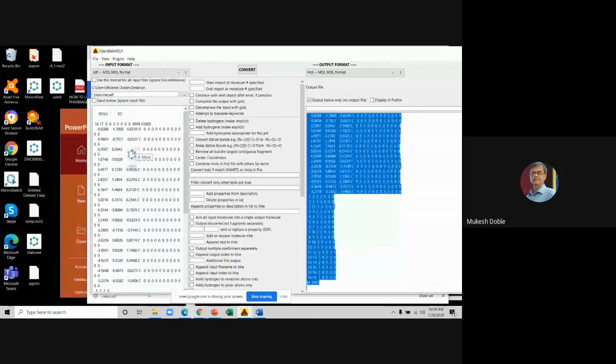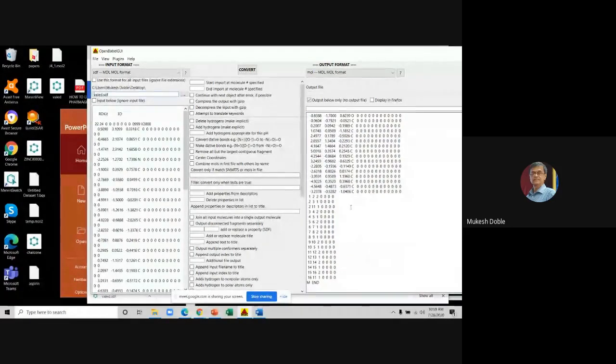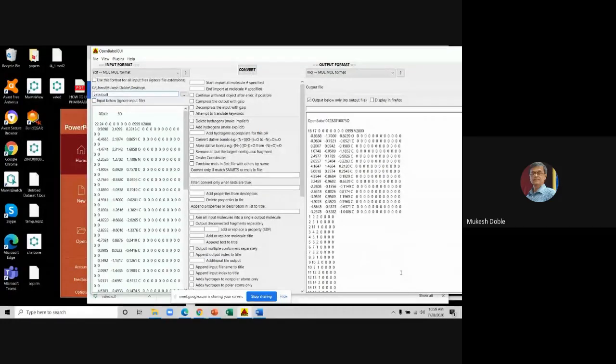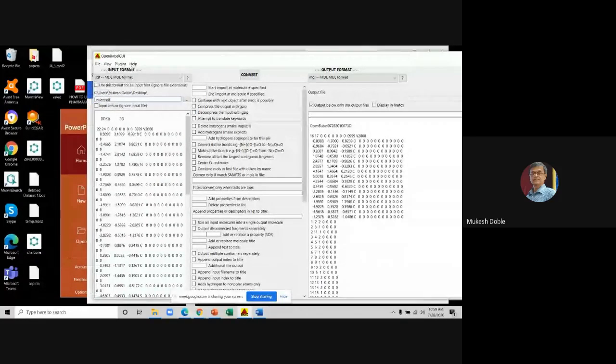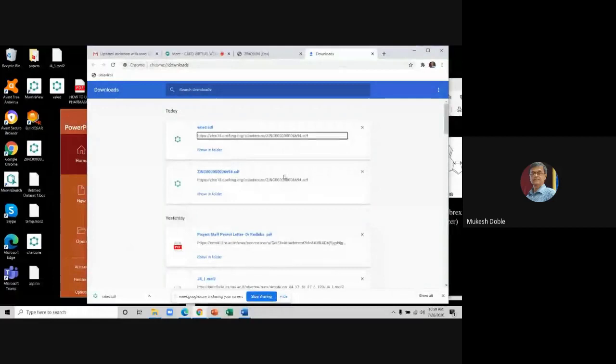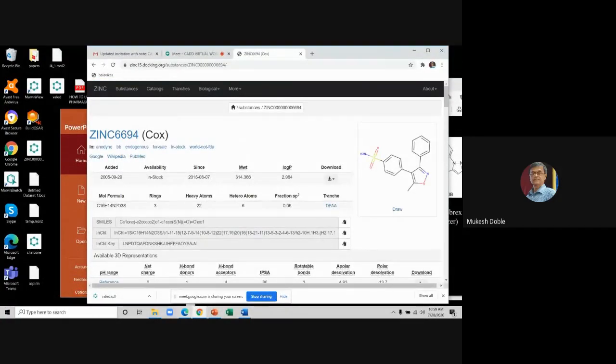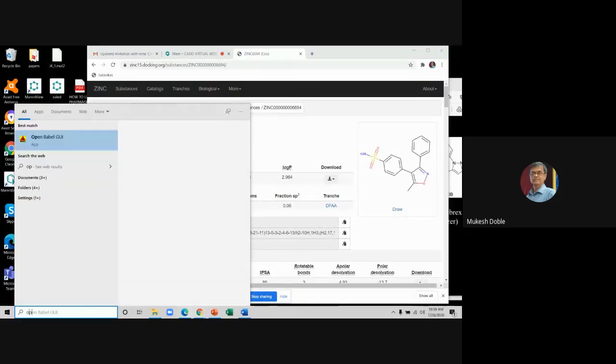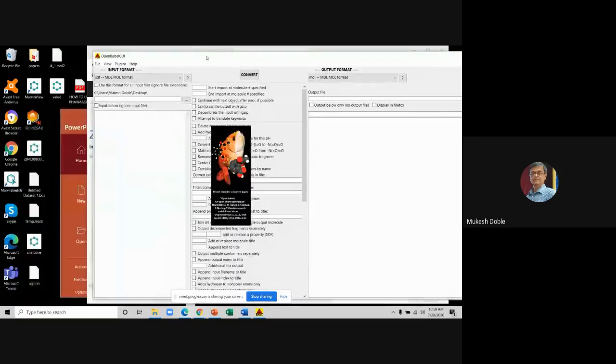So I have the ValidiCoxib, then I pull it out. So it's SDF file format.